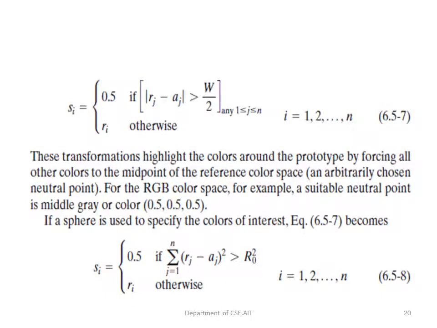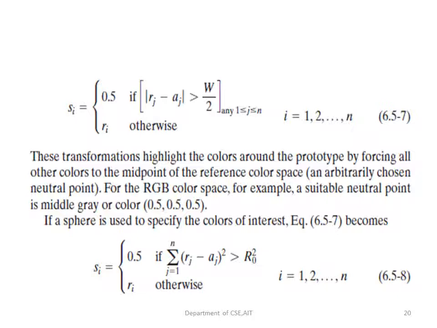So these transformations can be written as Si equals 0.5 if |Rj minus aj| is greater than W by 2 for any j, or Si equals Ri otherwise, where i equals 1 to n.